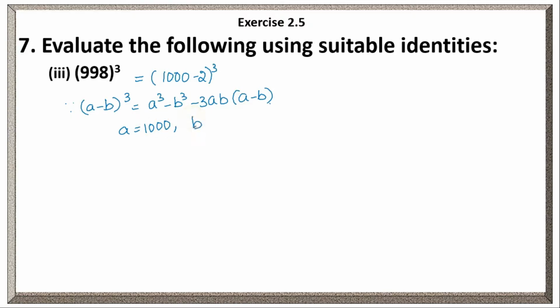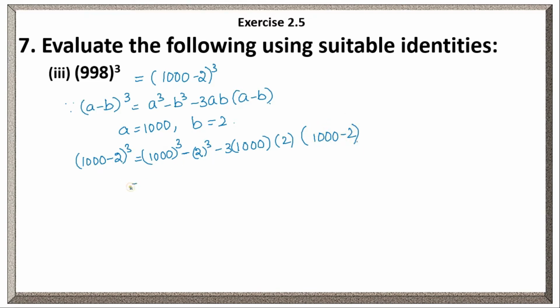What is there in the place of b? 2. Right? Now substitute a and b values in the identity. (1000 minus 2) whole cube equal to 1000 whole cube minus 2 whole cube minus 3 into 1000 into 2 into (1000 minus 2).